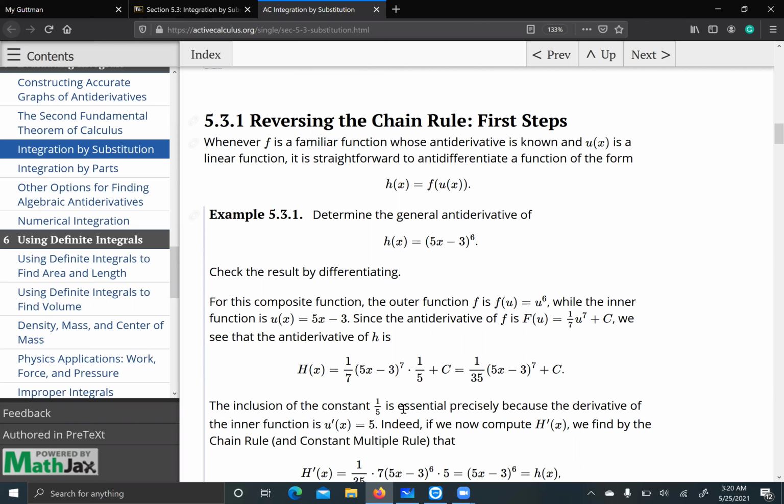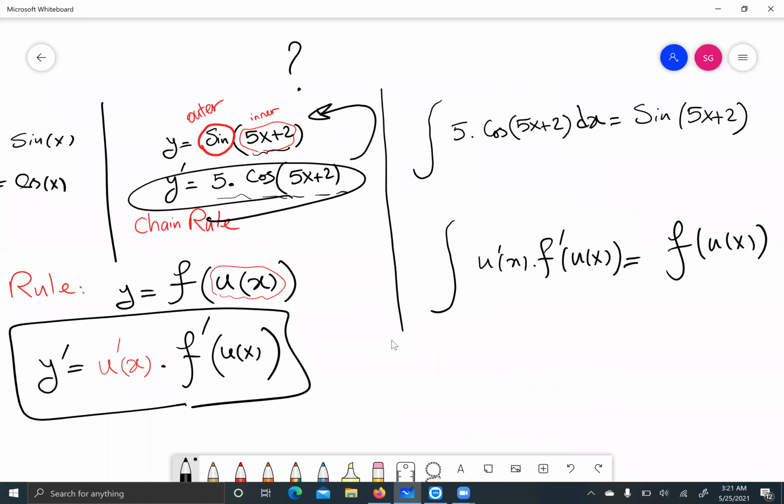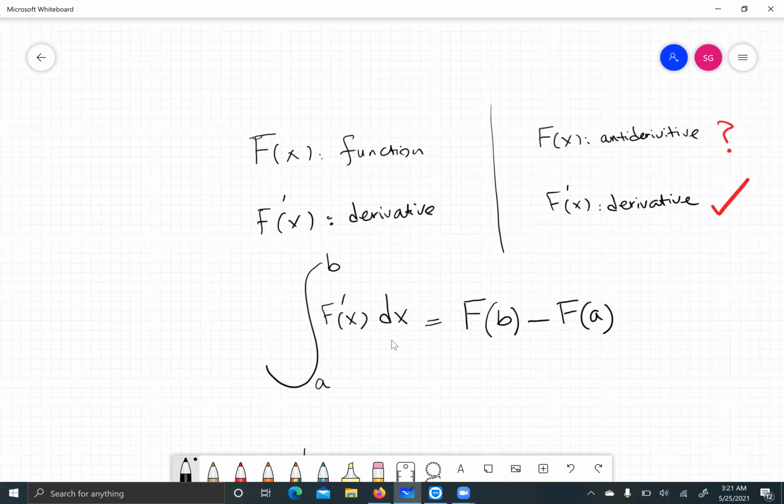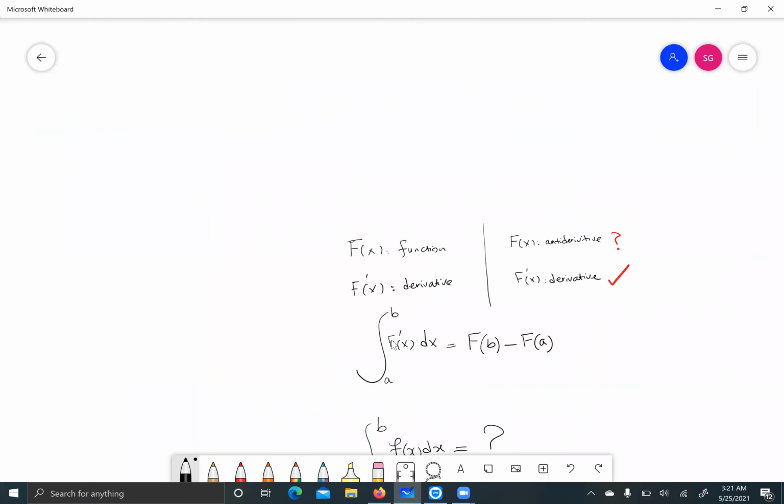That means in these cases, we need to determine the general antiderivative of a function such as this, you see? Just look at the table one more time.